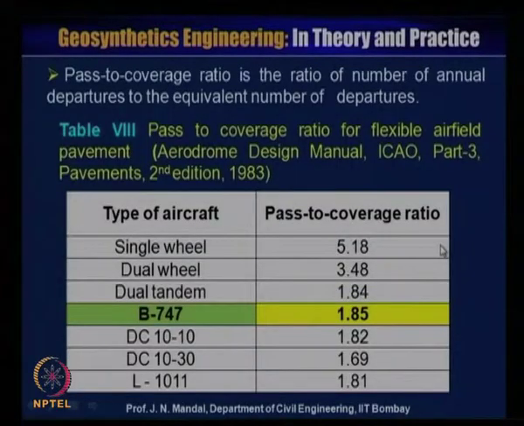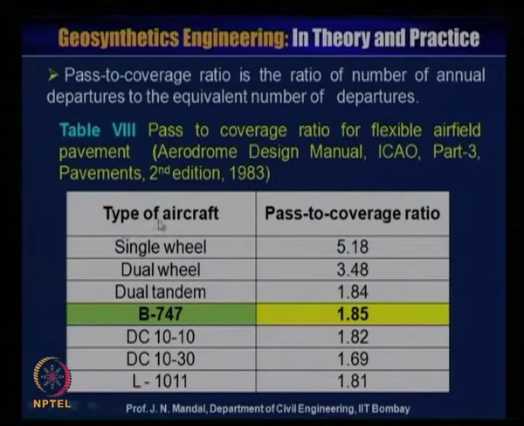Now, pass to coverage ratio is the ratio of the number of annual departures to the equivalent number of departures. Now, this Table 8 shows pass to coverage ratio for flexible airfield pavement, from the Aerodrome Design Manual ICAO Part 3 Pavement, 2nd edition 1983.